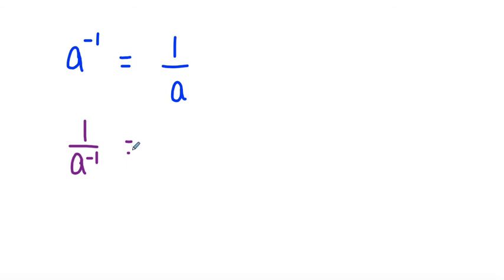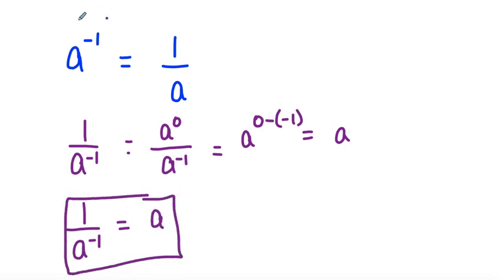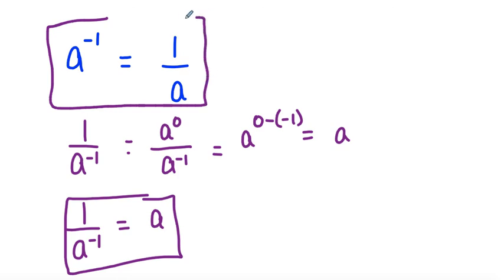And if you want to think of it like this, think of it as a to the 0, because we know a to the 0 is 1, all over a to the negative 1. And we'd bring the smaller to the larger and subtract. So we get a to the 0 minus negative 1, which would give me a. So that law says that if you have 1 all over a to the negative 1, it's just going to become a. So these are the 2 laws, and I hopefully made it clear as to why those 2 laws exist the way they do.